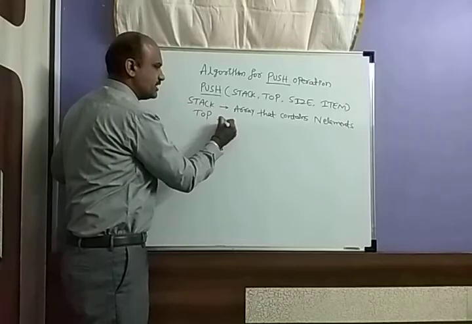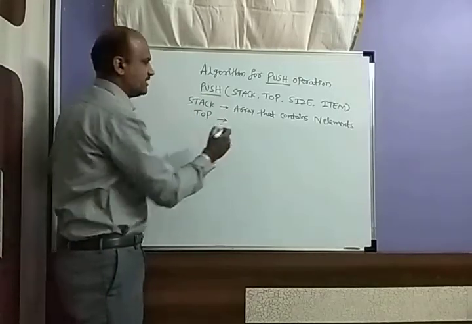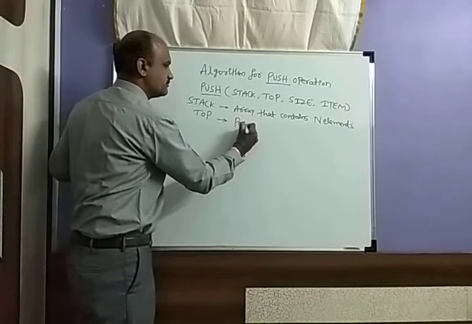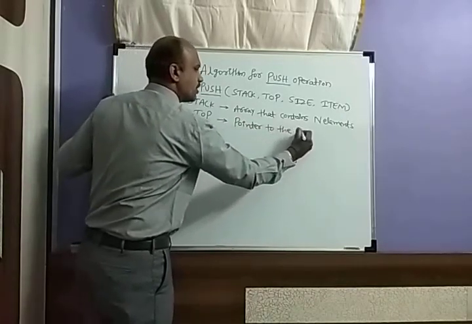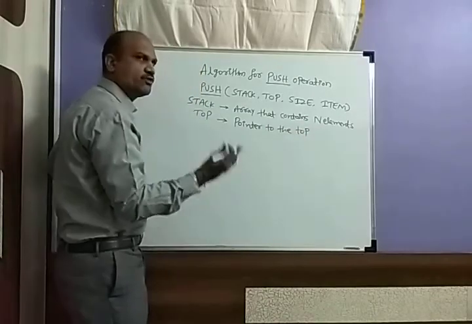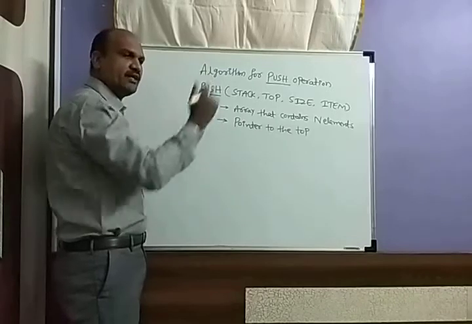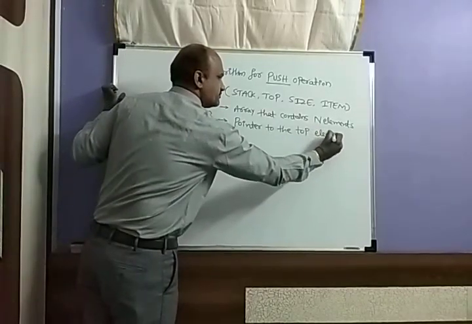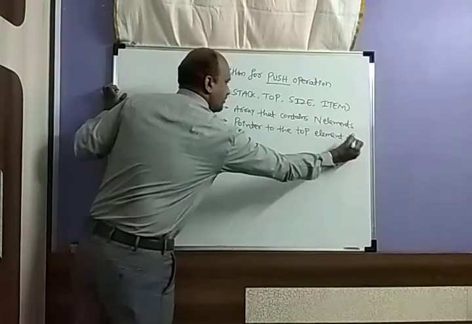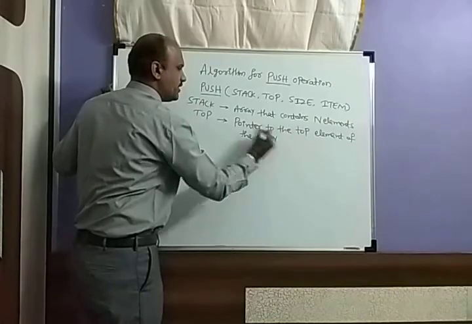As I told you earlier, top is a pointer to the top element of the array. When you add elements, the top will be incremented. The top element of the array, that is your top, is a pointer.